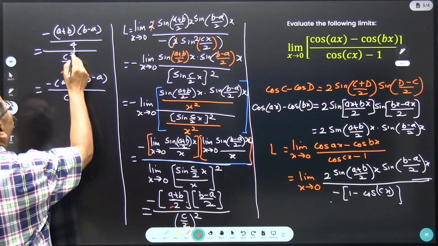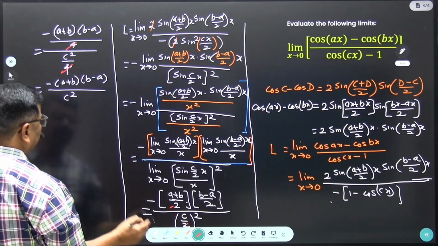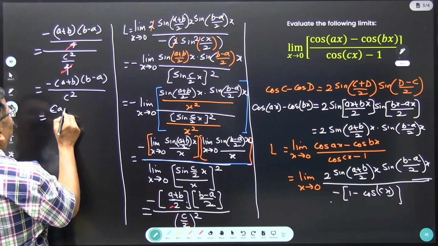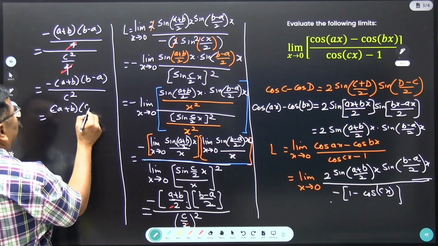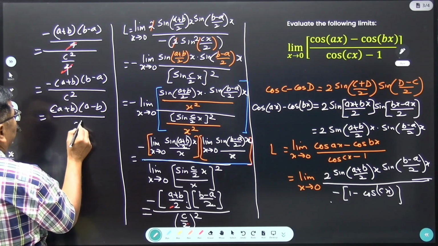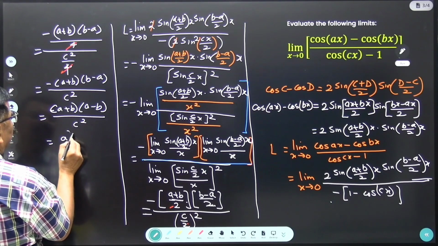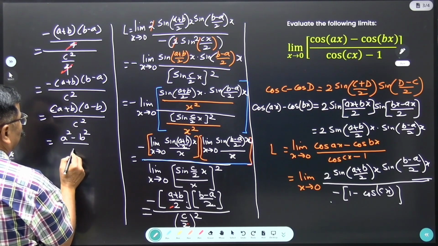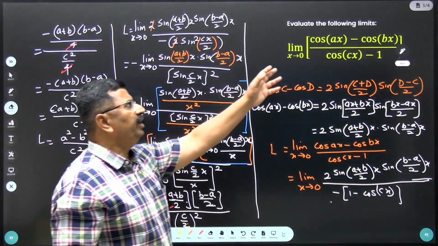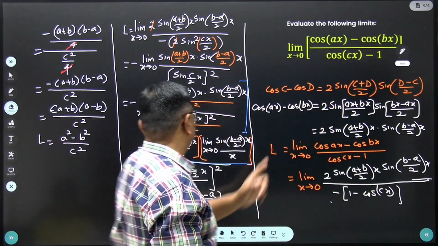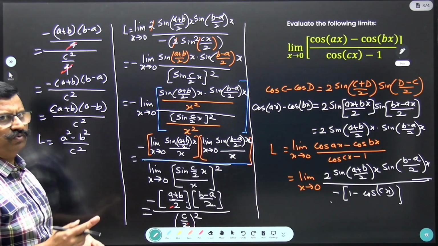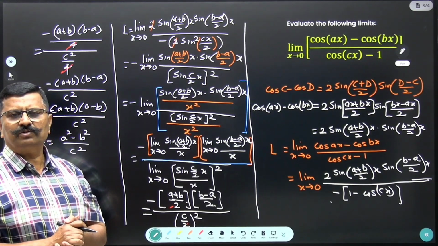So we cancel this 4 and this is (a plus b) into (a minus b), I have used this minus sign here, divided by c square. So this will be a square minus b square upon c square. So the value of the limit of this given function is a square minus b square upon c square. Hope all of you understood this problem.